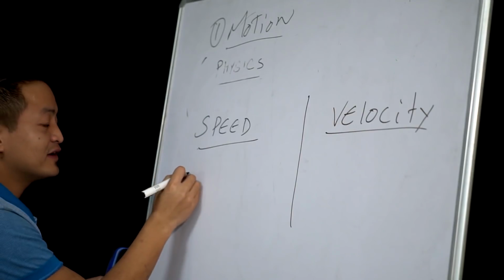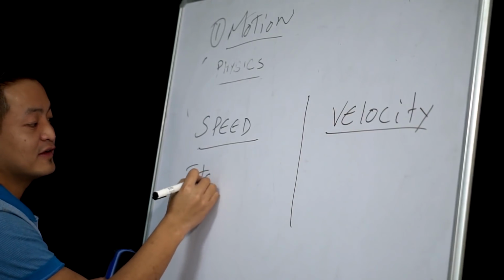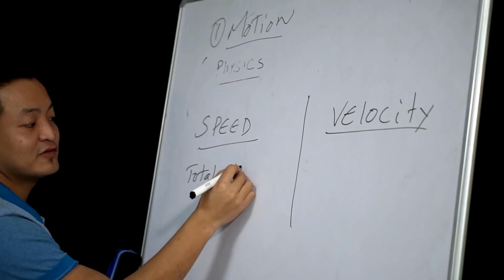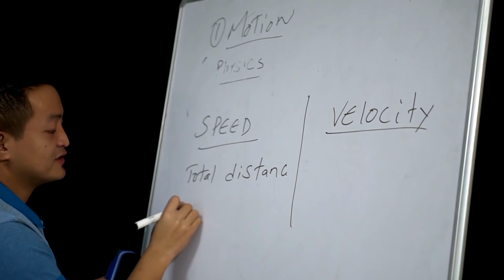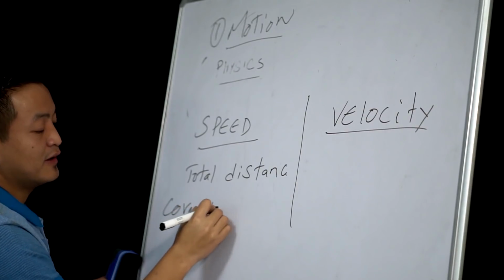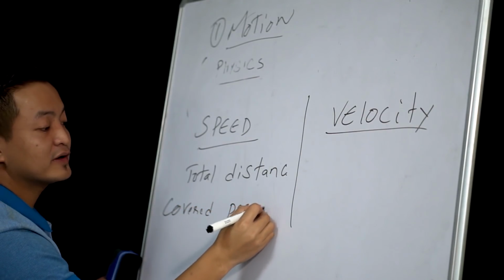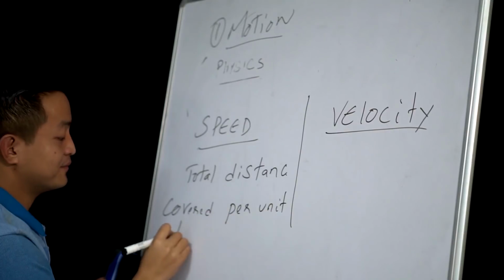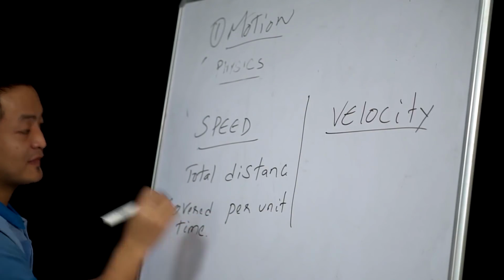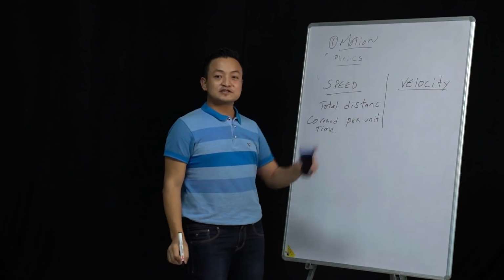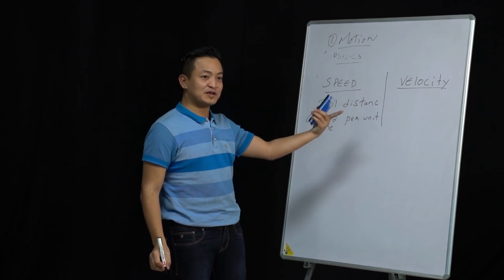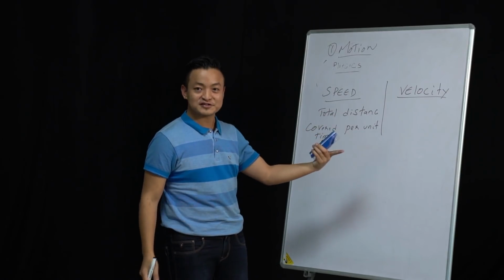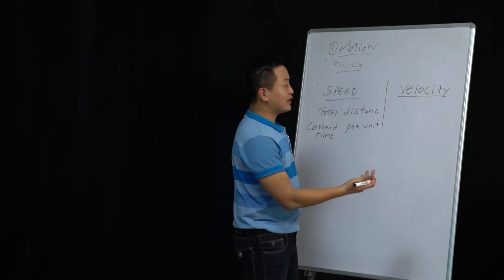Speed is total distance covered per unit time. Clear? And velocity is to do with displacement. That means if I say displacement, it is to do with direction. Clear? And magnitude as well.